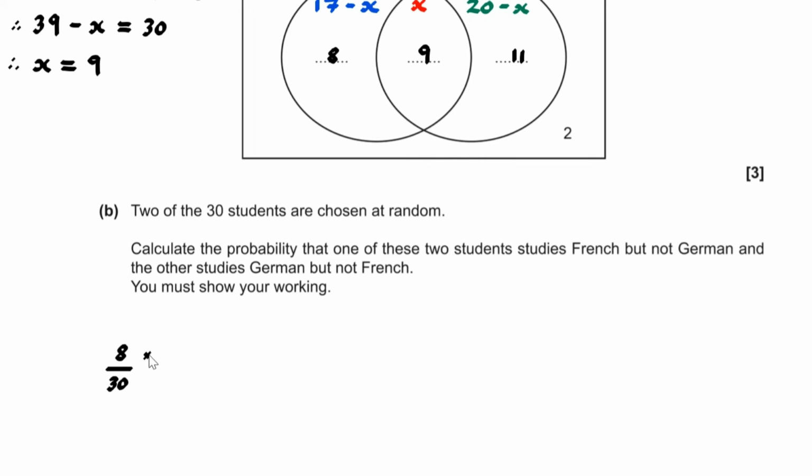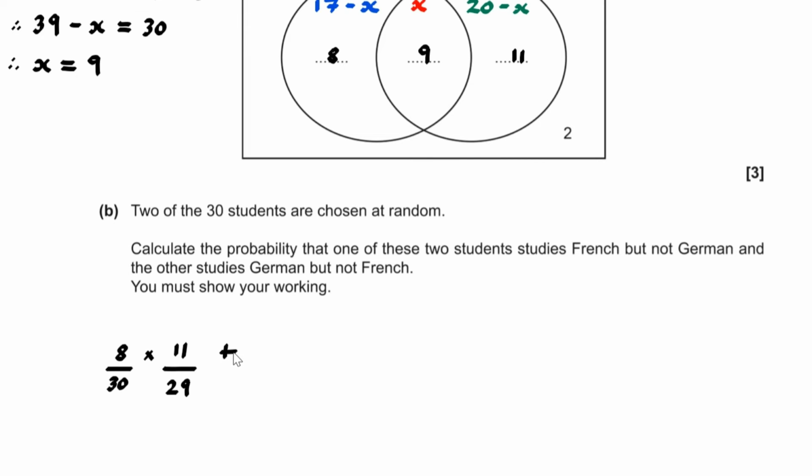And then what happens is 29 are left over. And of these 29, 11 of them would be studying German.